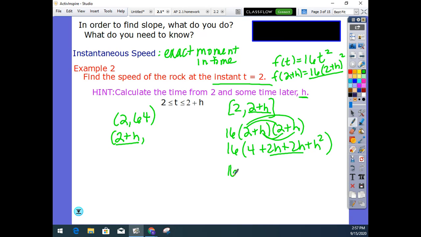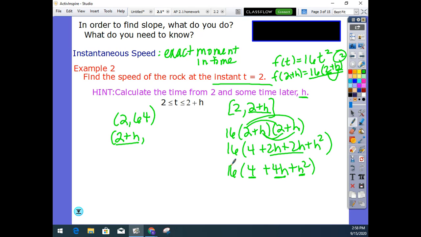Whenever you square a quantity, you square the first, which is 4. You square the last, which is h squared. And you multiply these two and double to get the middle. So 2h doubled is 4h. That's what you do every time you square a quantity.